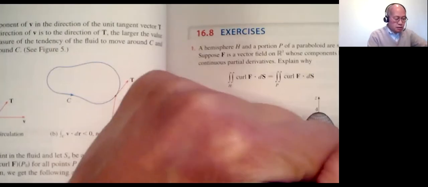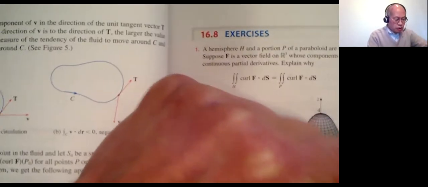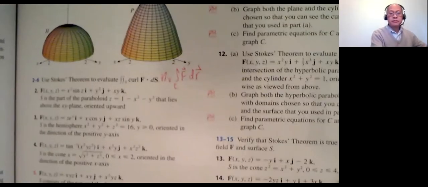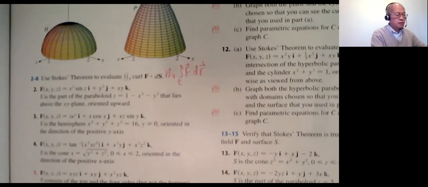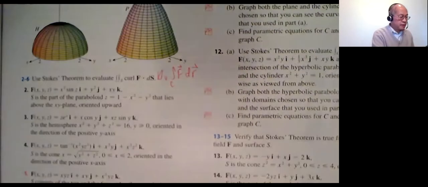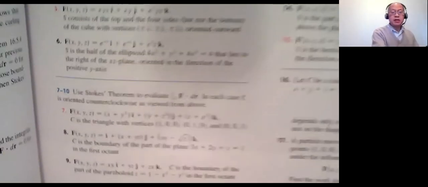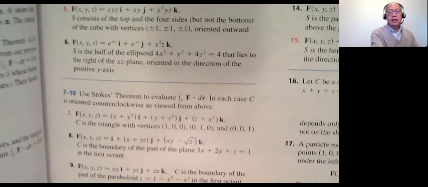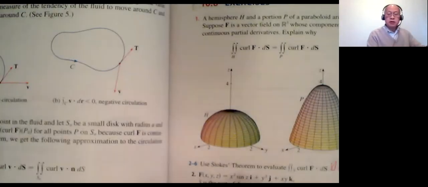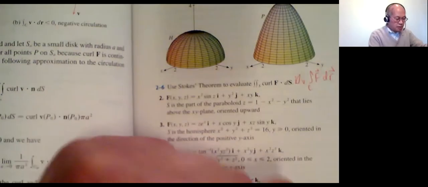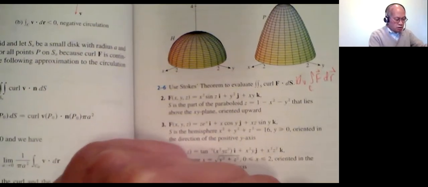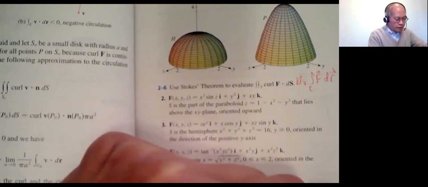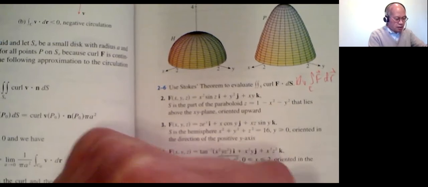It means do the integral along the curve of f dot dr. And then for 7 through 10, use Stoke's theorem to evaluate the integral of f dot dr. It means do the double integral along the region S of curl f dot ds.